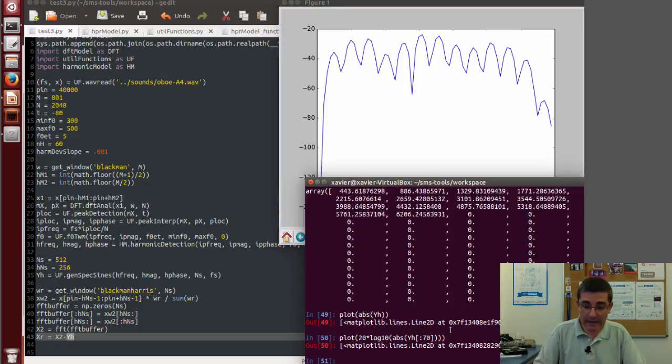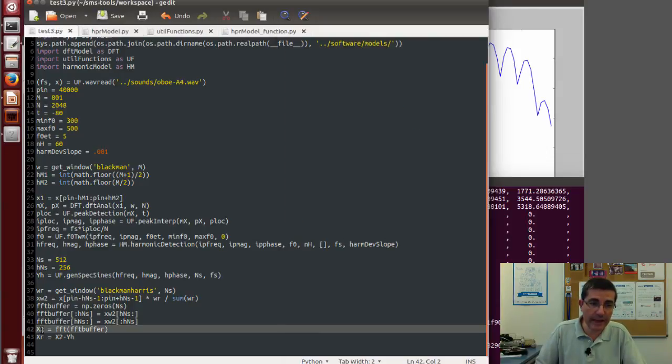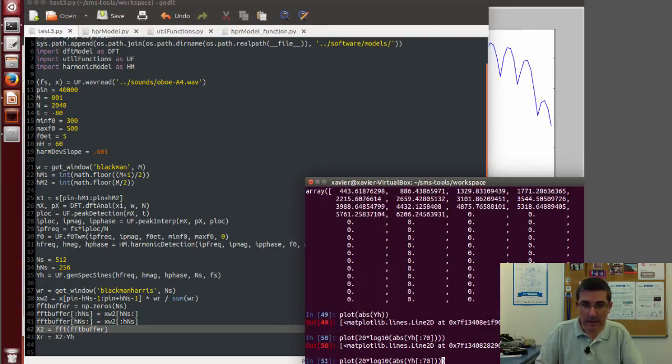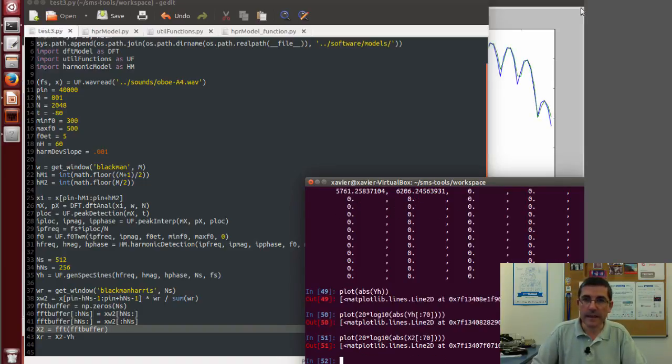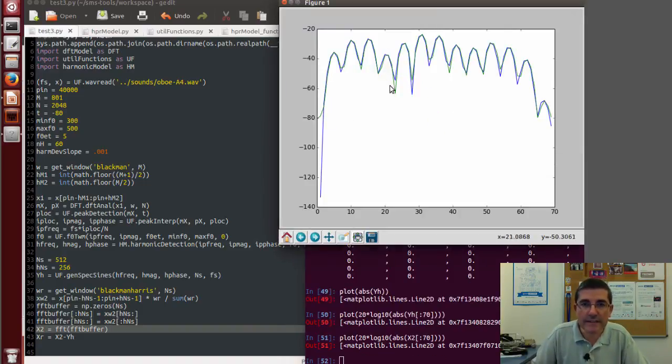On top of that, we can plot the signal from the original sound that we have recomputed, the X2 spectrum. So if we plot on top of that the absolute value of X2, we now see the green line, which is basically the original spectrum, and as you can see, it is very similar.